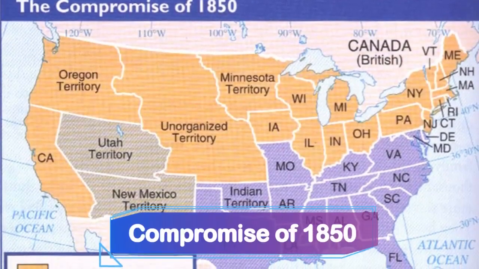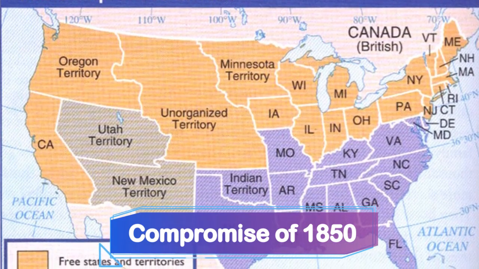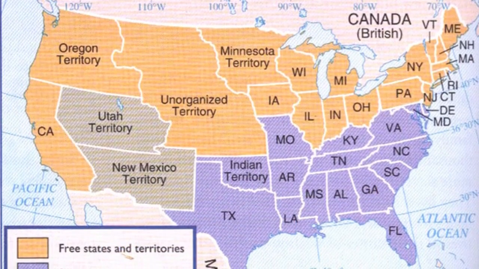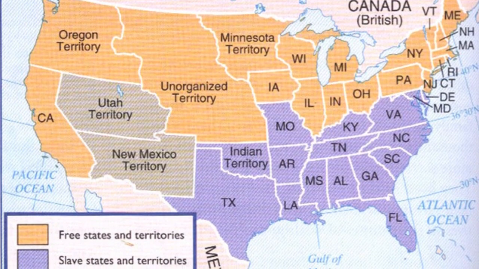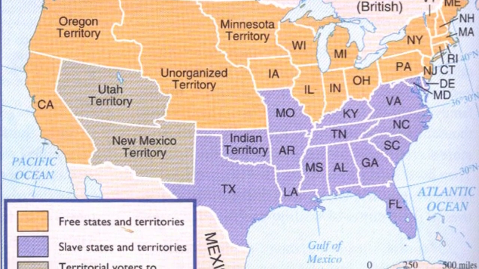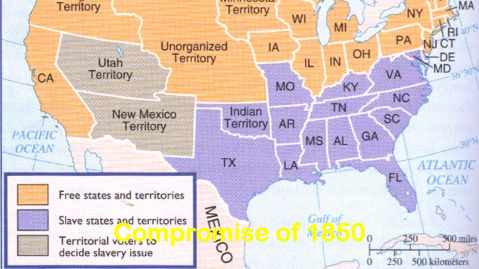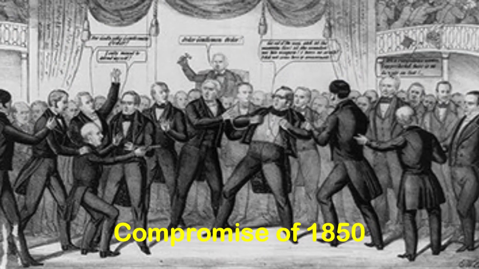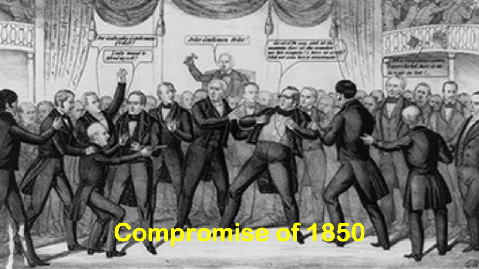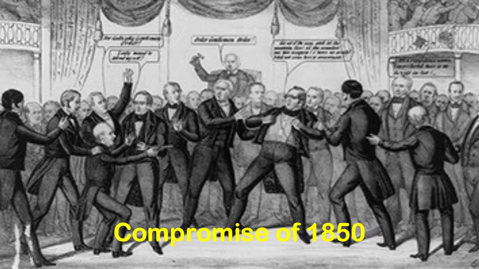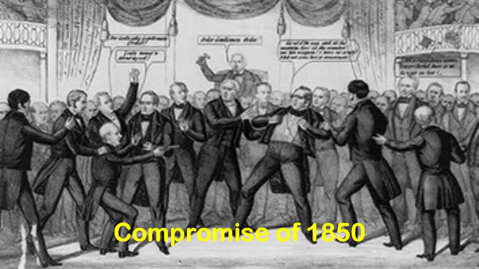As the decade began, the Compromise of 1850 took center stage in the United States. It was a series of legislative measures aimed at addressing the growing tensions between the northern and southern states over the issue of slavery. The compromise crafted by Henry Clay was a delicate balance between the interests of the North and the South.